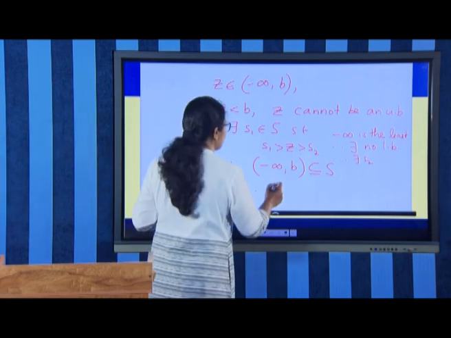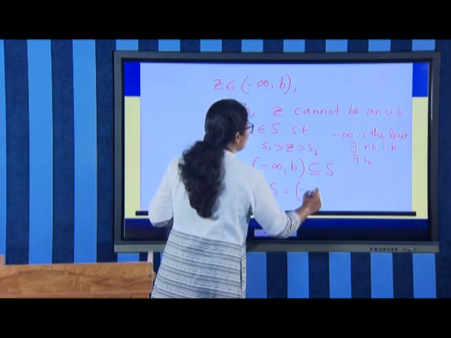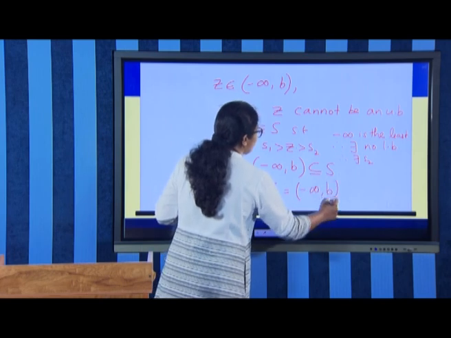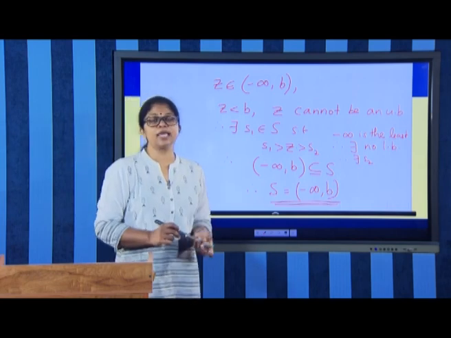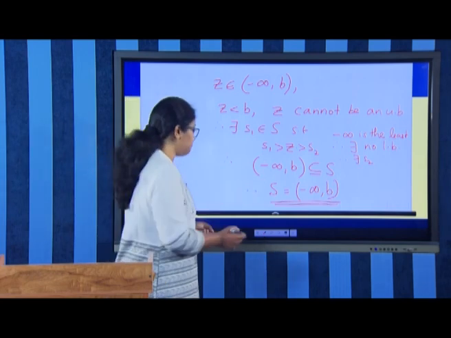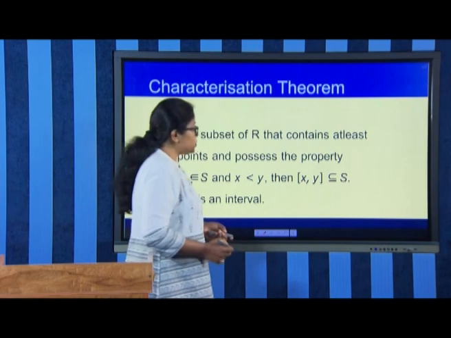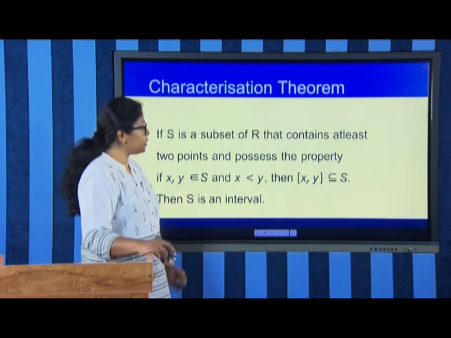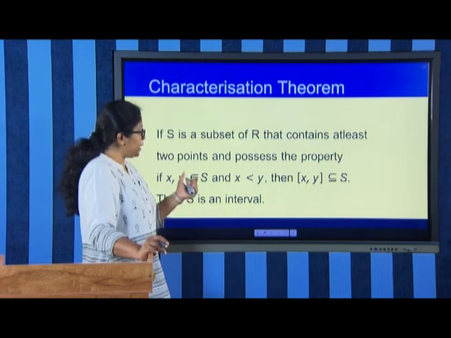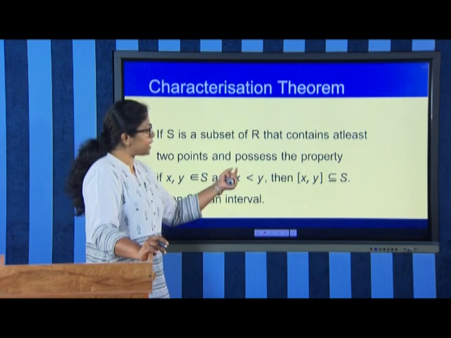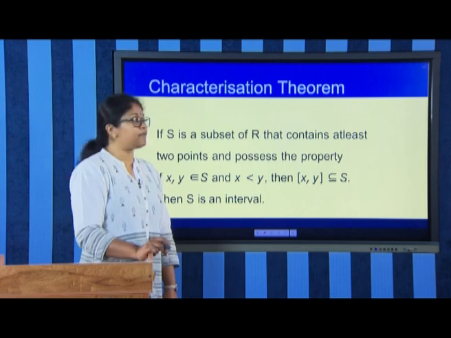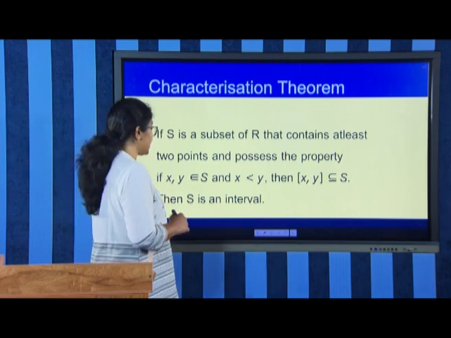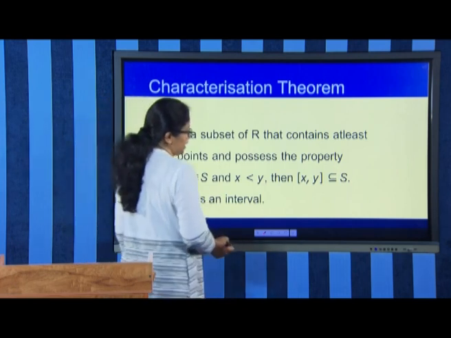Therefore, in this case we have S is equal to negative infinity up to B. The other cases can also be proved similarly. So, that shows the property that if x and y belong to the set S with x less than y, then the closed interval x y is fully contained inside S, then S is an interval.